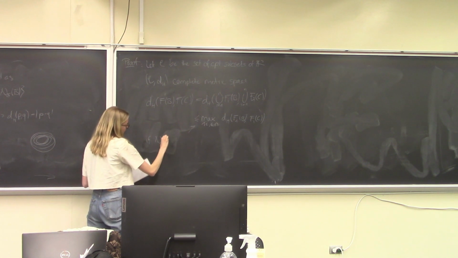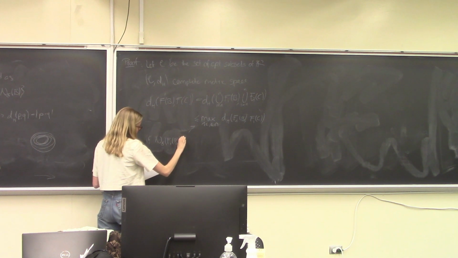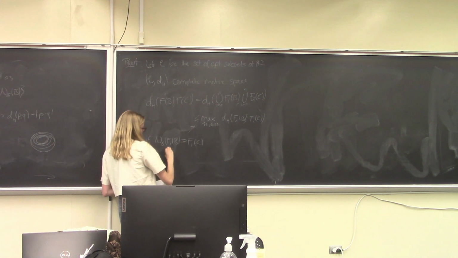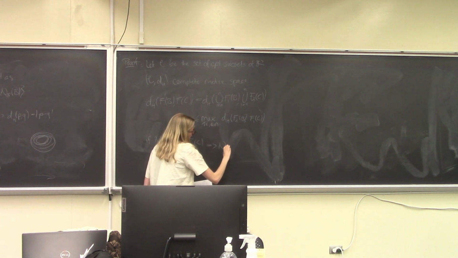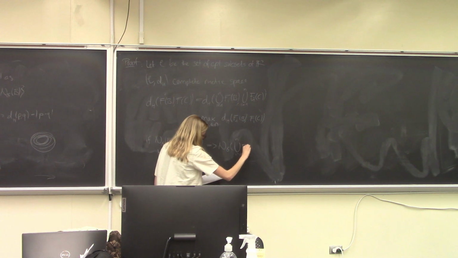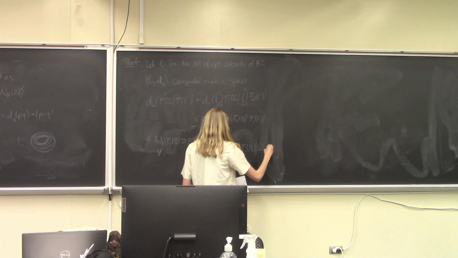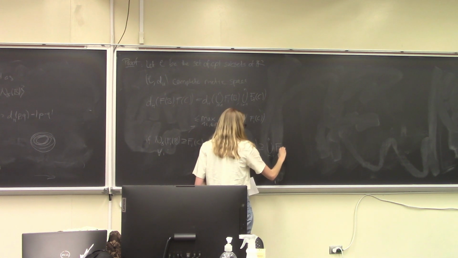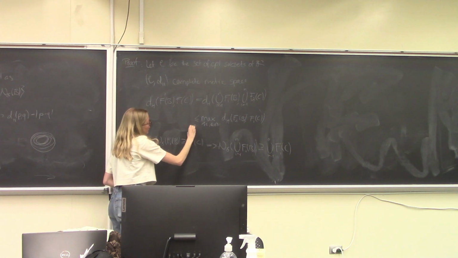If the delta neighborhood of F_i(B) contains F_i(C) for any i, then the delta neighborhood of the union also has to contain the union of the F_i(C). So that's why we can say that this has to be less than the maximum.